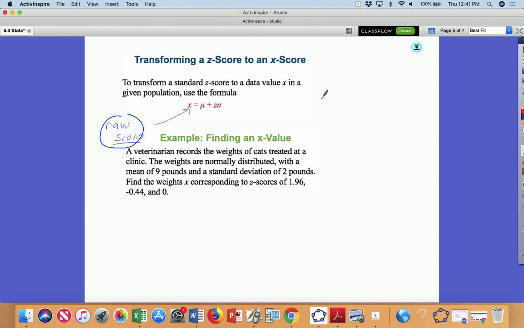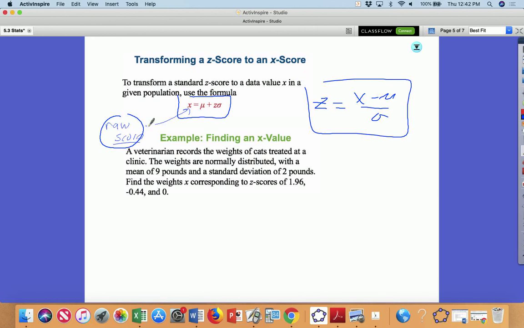Tell me this. What was your formula for z yesterday? Z equals x minus mu over sigma. Okay, so here's the deal. This formula and this formula are the same, just solve for different variables. Okay?